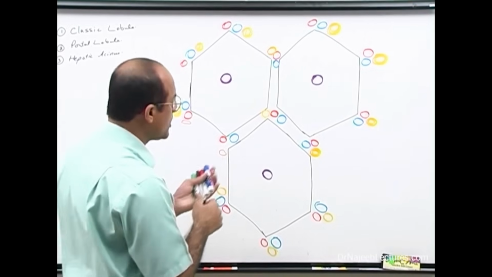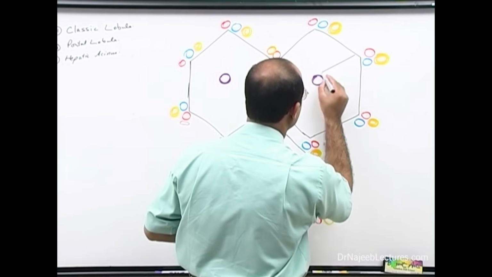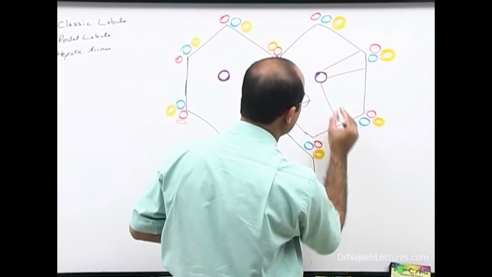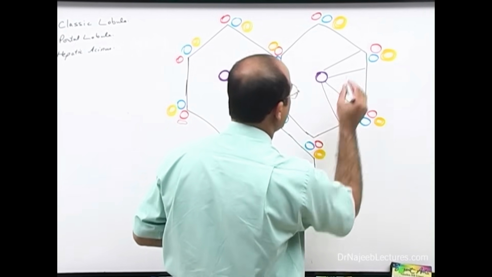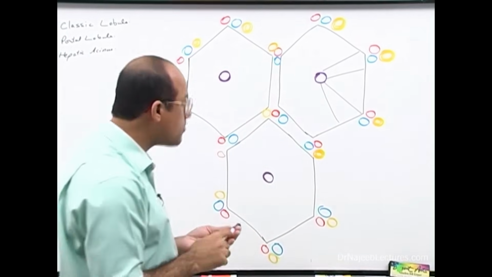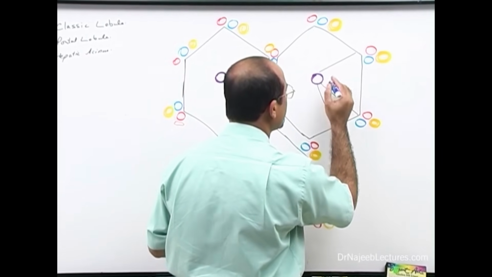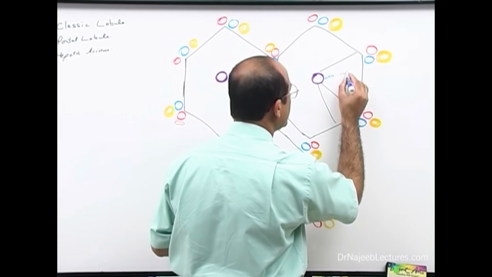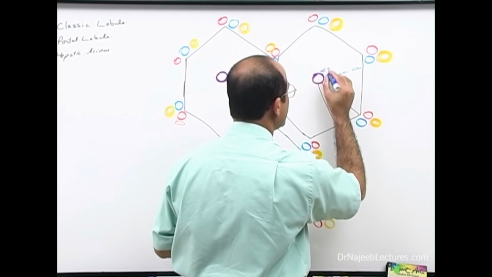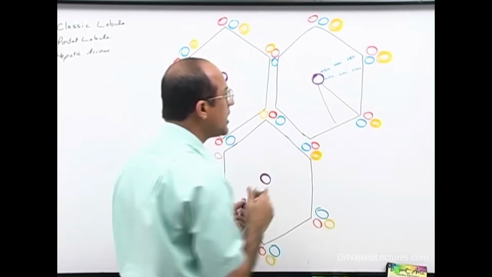Now we will come back to our arrangement. What was from here? Sinusoids, right? I will just draw two sinusoids. Now, exactly how is the structure of sinusoids? Sinusoids are made of endothelial cells, but these endothelial cells are not making a continuous lining. They are discontinuous, and these endothelial cells have fenestrations.